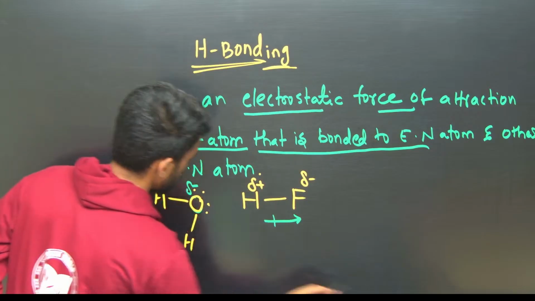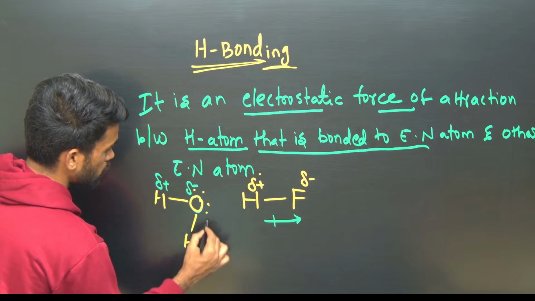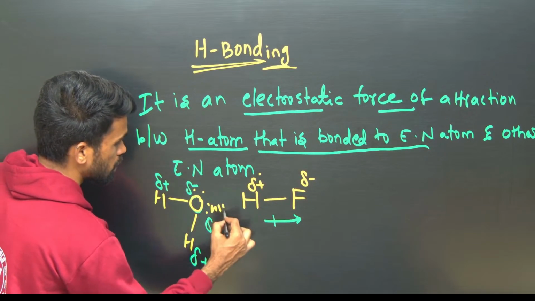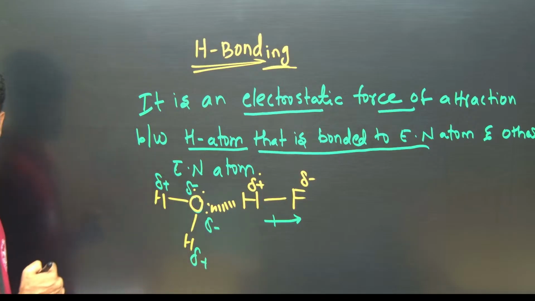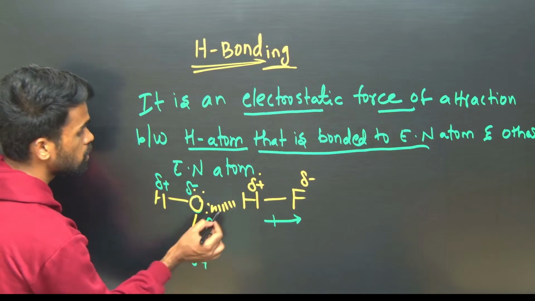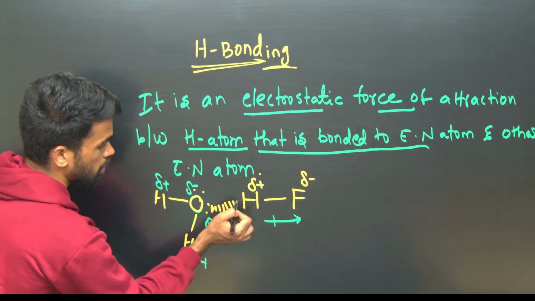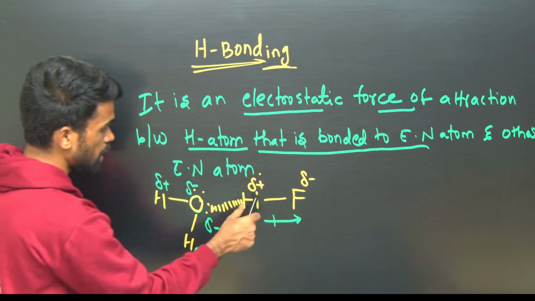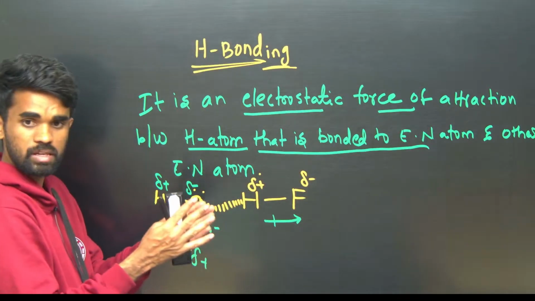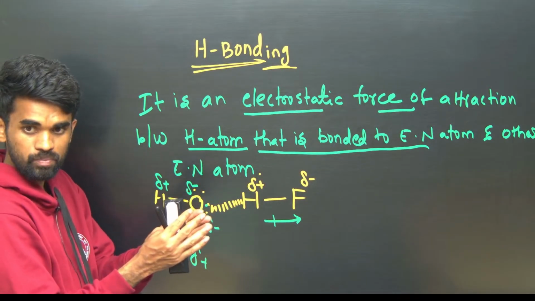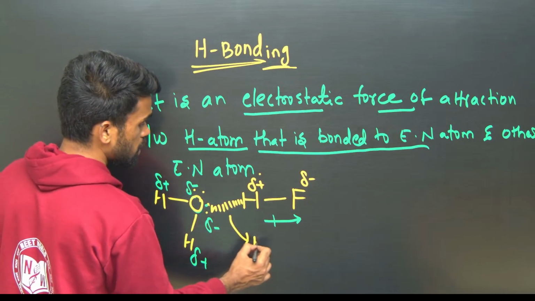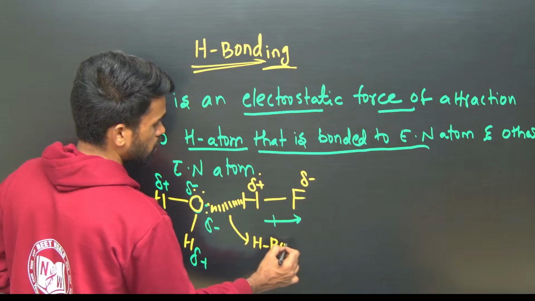Due to the presence of lone pair electrons here, which have more electron density, partial polarities are there. So between this polarity and this polarity we have an electrostatic force of attraction. They come close, like a bond only. So this is what we call a hydrogen bond.